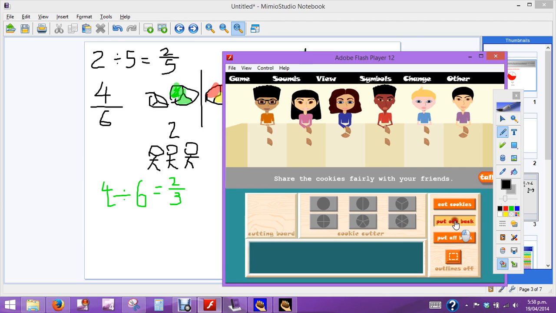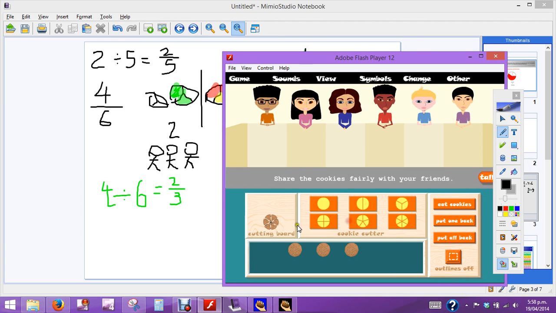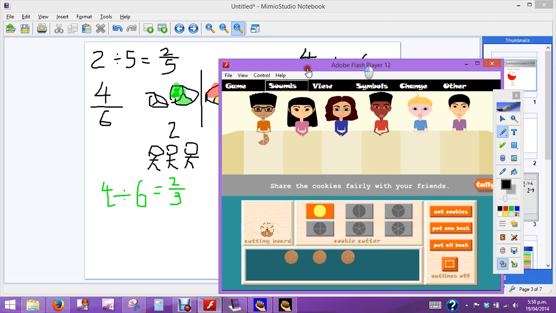I'm going to put 1 back. I'm going to put them all back. Let's look at this differently. If I use my 6th cutter, there's 6 pieces here. 1/6, 2/6, 3/6, 4/6. I'm going to join them up. Now the shape of that fraction is still 2/3, but it also looks like 4 out of 6.